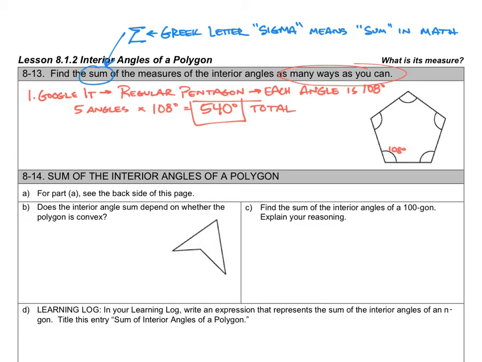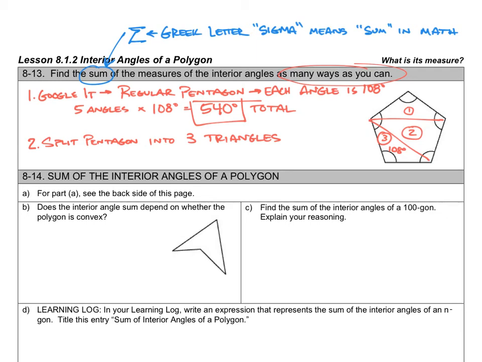Let's go ahead and do one other way here. What if I were to split this pentagon into triangles? Each angle of the triangle forms either the entire angle of the pentagon or part of the angle of the pentagon.